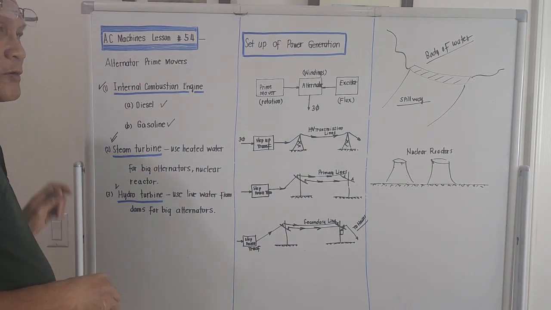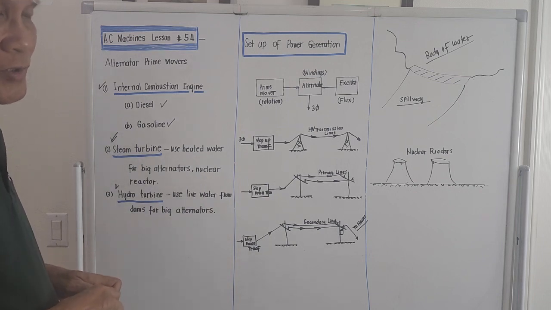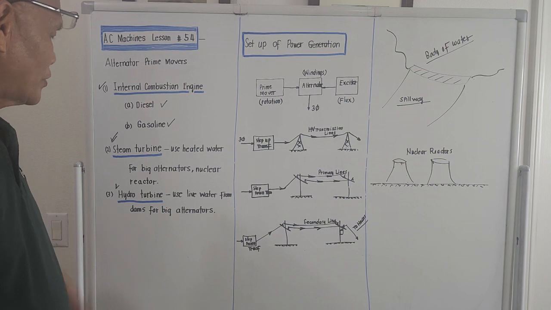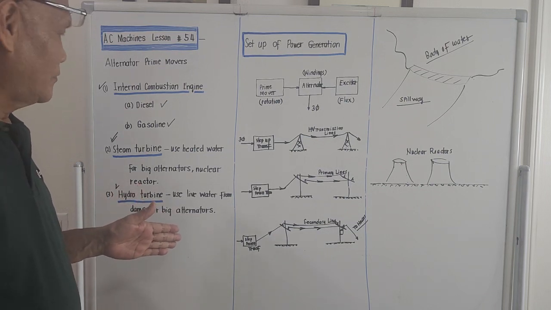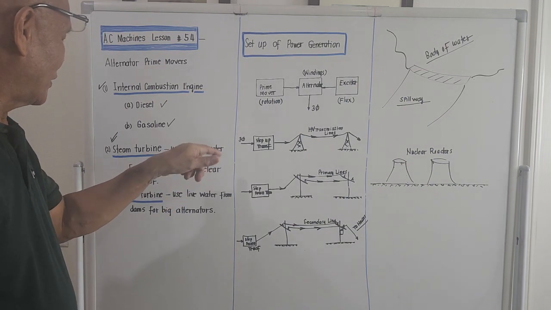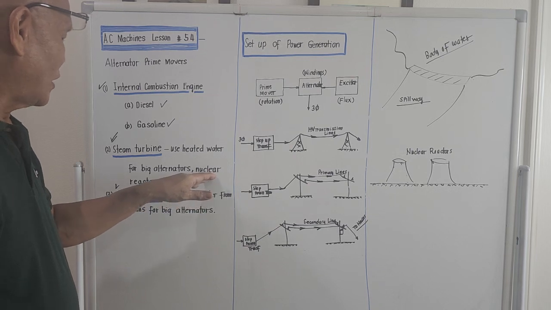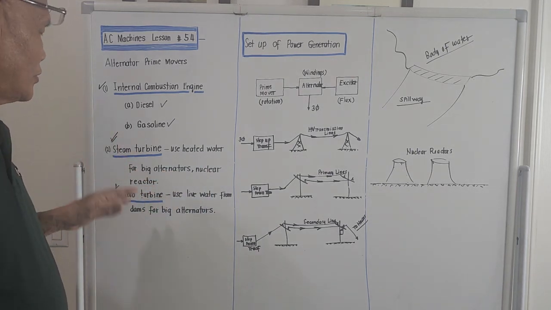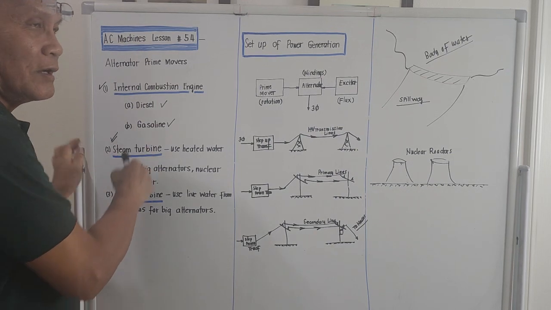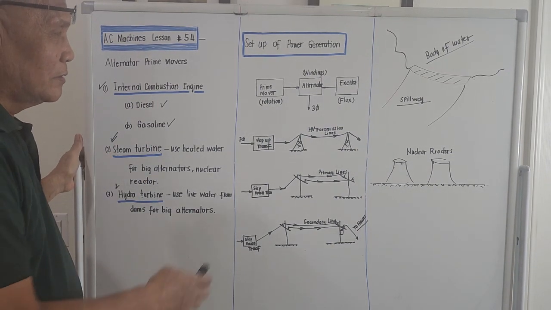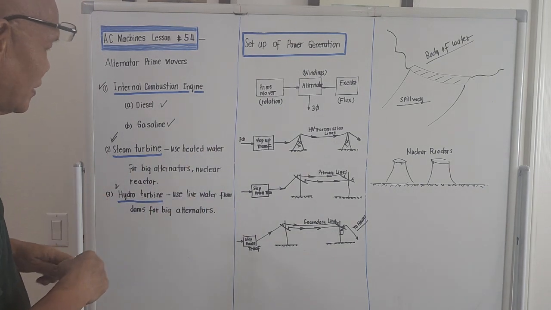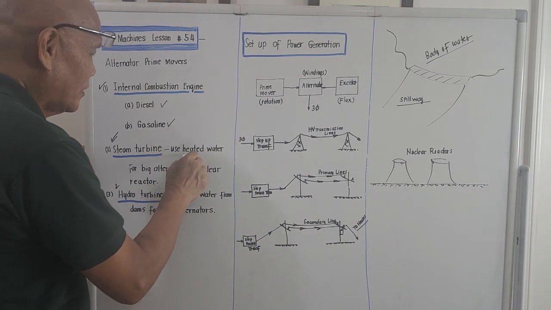So if the coverage area for a utility company is very big, they might be using heated water or a nuclear reactor. This is a long-term power source. The prime mover is a steam turbine, and a steam turbine uses heated water.